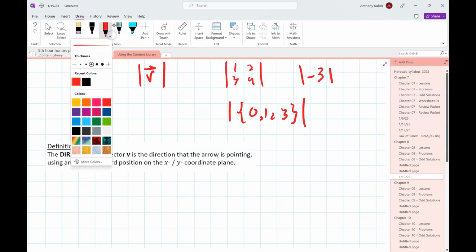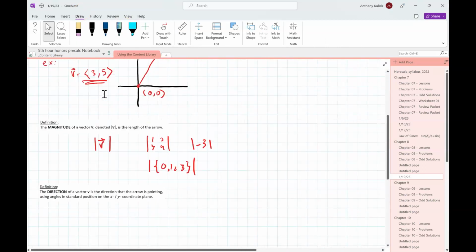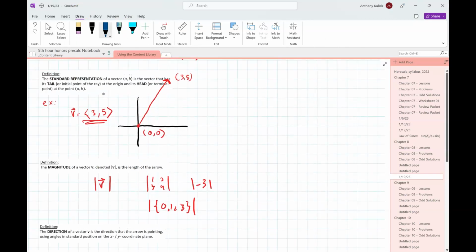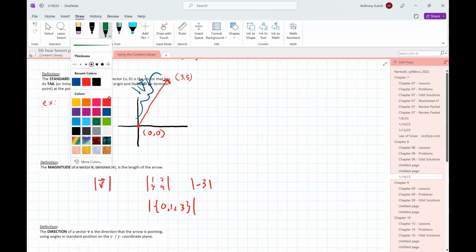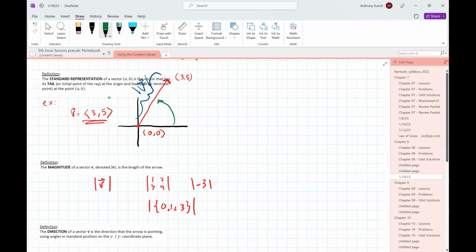So if we go back to that picture that we drew just a moment ago, the length of the vector is the magnitude, and this standard position angle would be like the direction for the vector. Everybody's okay with that? Same standard position angles we dealt with when we drew angles in first semester, right? Works the same way.